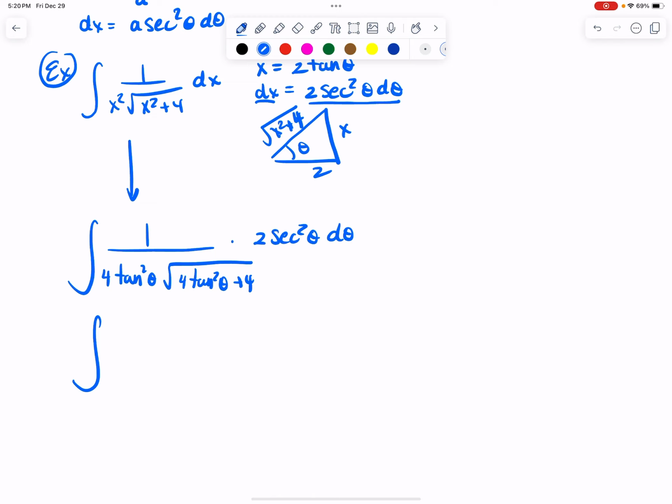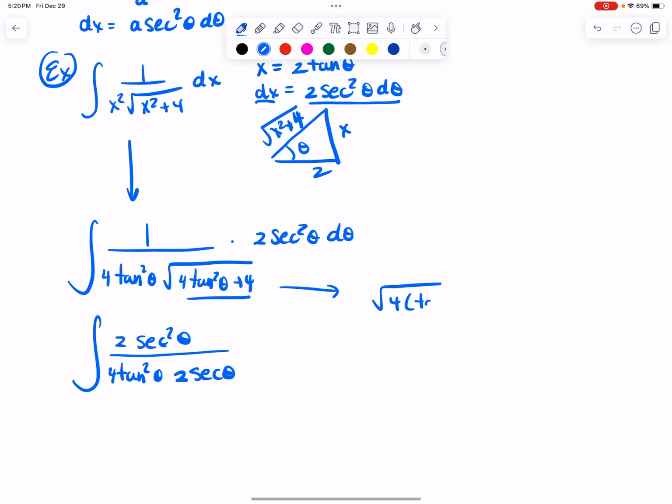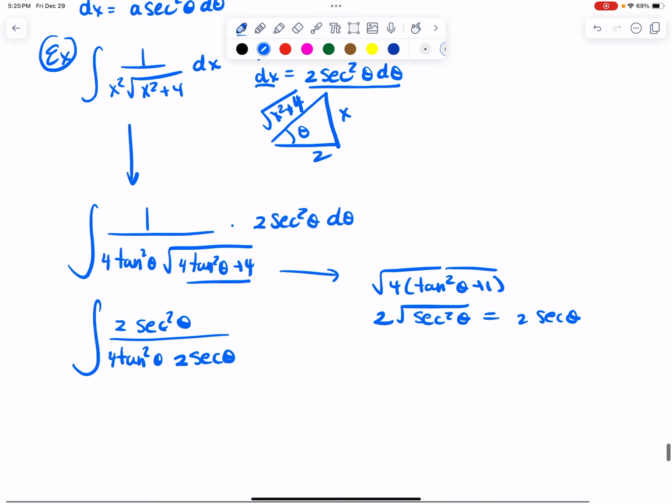Okay, so then this becomes, we'll just write 2 secant squared theta here over 4 tangent squared theta, and then this whole expression should become 2 secant theta, right? Just make sure we all see that. We can pull out the 4. This becomes tangent squared theta plus 1, and that becomes the square root of secant squared, which is 2 secant theta because secant is positive on the restricted domain.